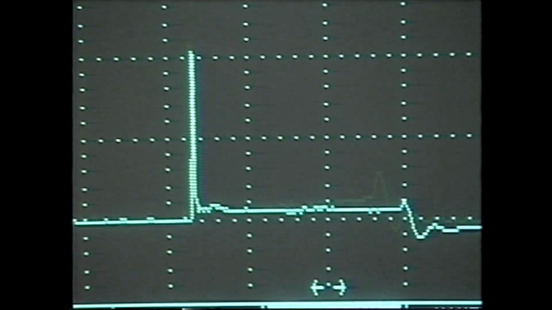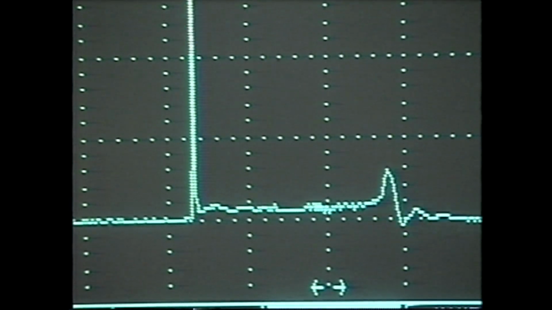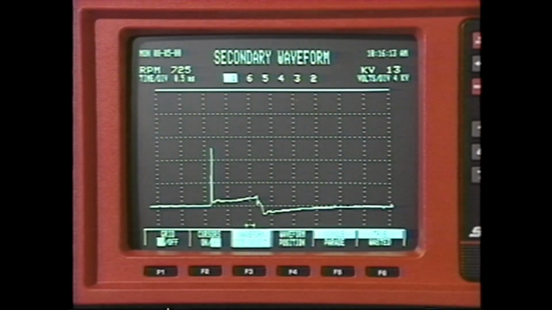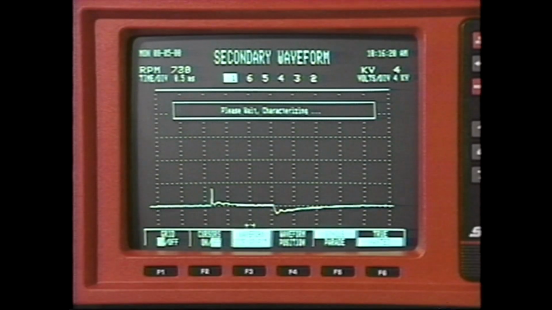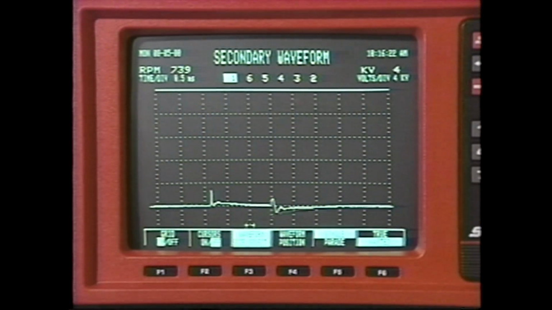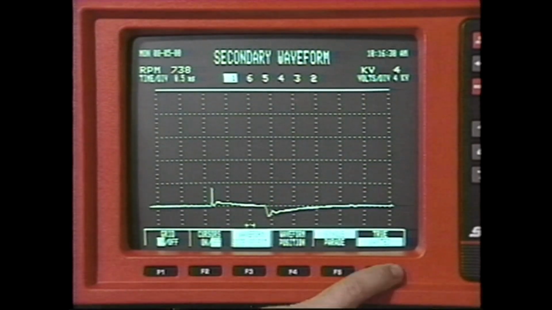It's normal for half of the cylinders to be higher than the other half. True firing kV readings are typically in the 6 to 14 kilovolt range. Wasted firing kV readings are typically about 1 to 4 kV. The spark line is normal at 0 to 4 kilovolts.